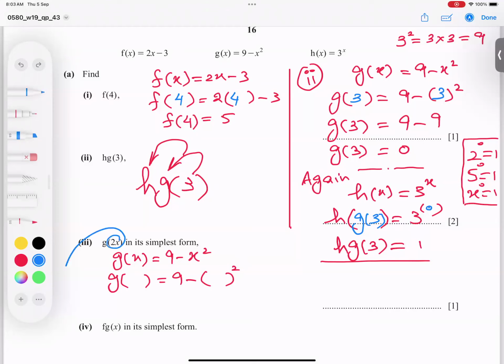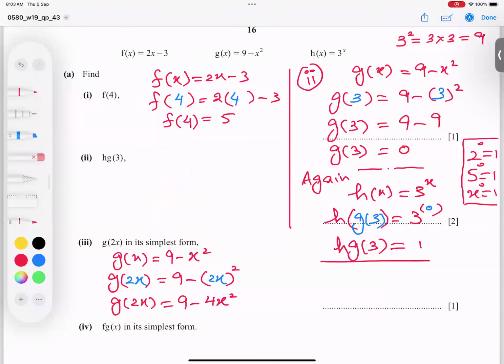So 2x comes here and here: 2x, 2x. But he said simplify maximum. So the square of 2 is 4, and the square of x is x squared. This is the final form. I hope this part is very clear.